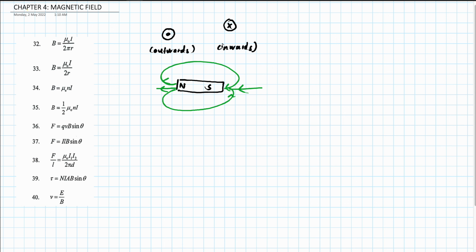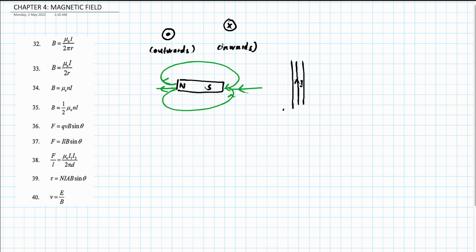Okay, and then also kalau kita ada straight wire yang carrying current. Awak kena ingat setiap straight wire yang carry current. So kalau kita ada straight wire and in the wire ada current flow, what will happen is akan ada magnetic field around the wire. So kita akan guna our thumb lah.